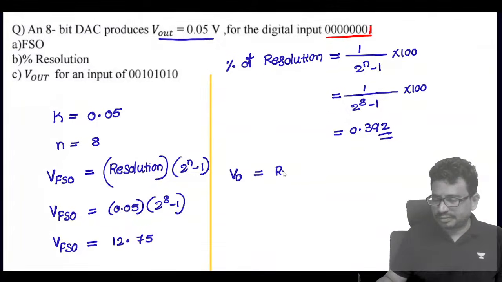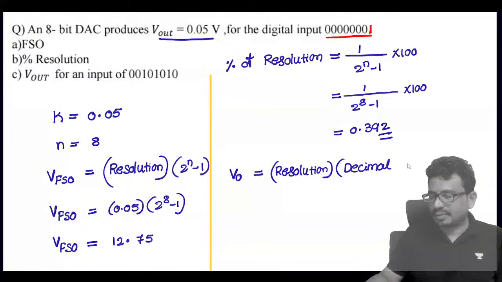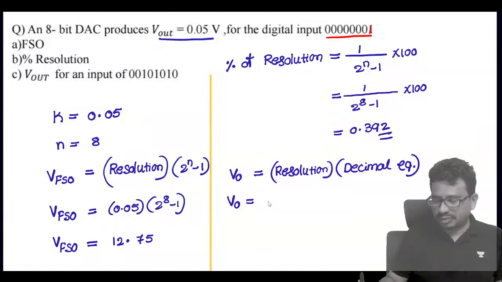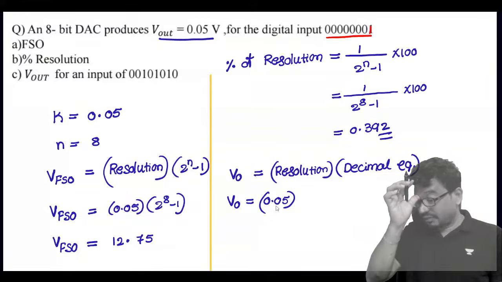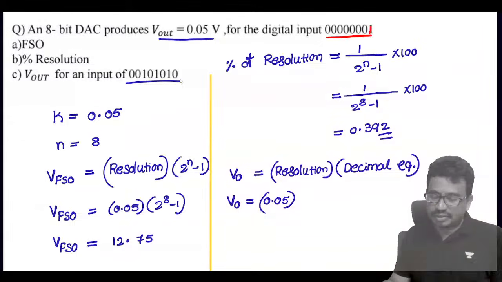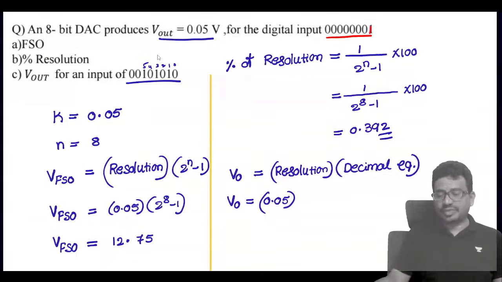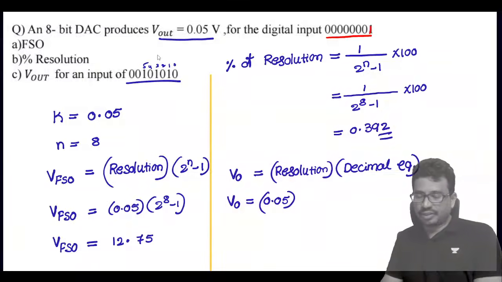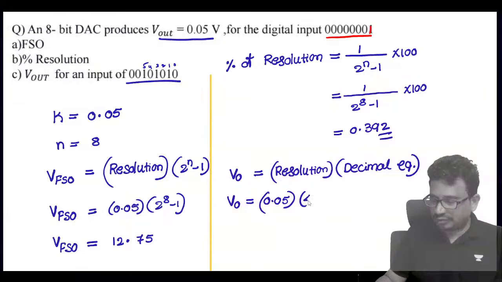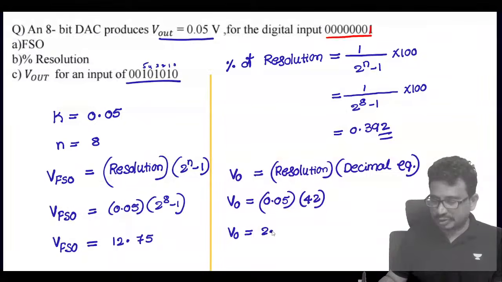What is the decimal equivalent value for this one? 2 power 5 is 32, 32 plus 8 is 40, plus 2 is 42. So the decimal equivalent is 42, and V0 is 2.1 volts.